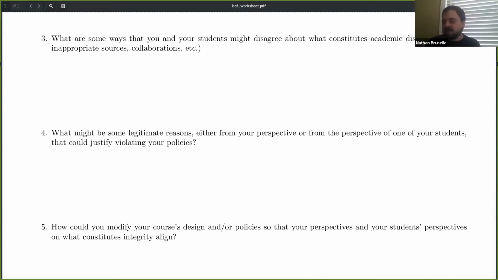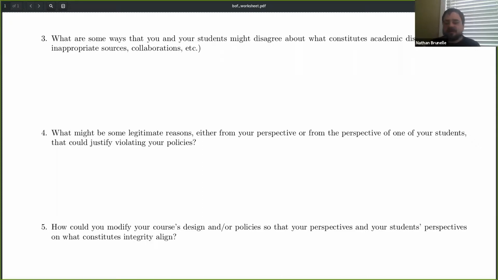There may be circumstances a student might find themselves in where it suddenly seems like a totally legitimate reason to engage in some of this behavior that you might consider dishonest.